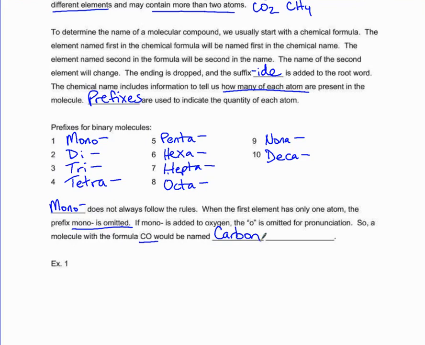Here is one carbon. The second element is oxygen, and there's only one, so the prefix mono. And remember, the ending of the second word changes. It's going to be oxide, monoxide.